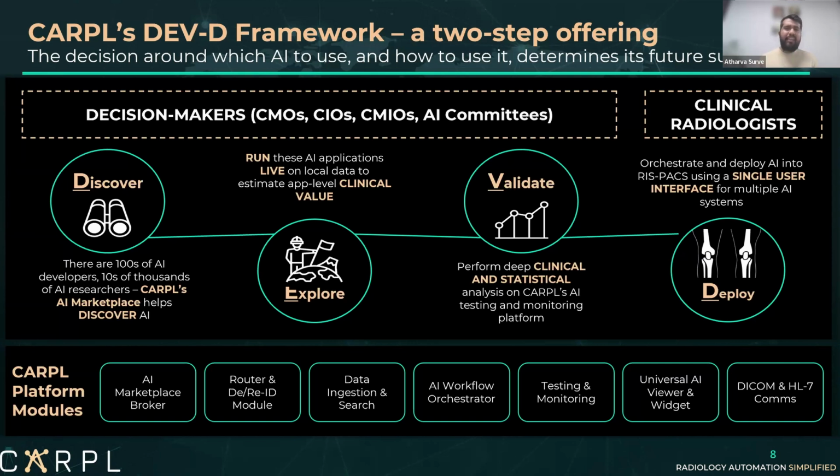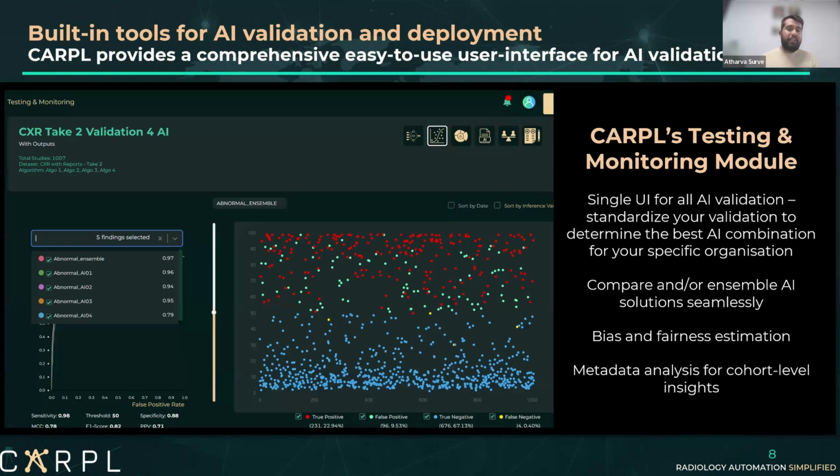I'll jump into that a little while later, but going into validation itself, as Vidur has previously covered, CARPL has a powerful toolkit that actually allows you to statistically validate the performance of the AI application. You can validate all of the various AI applications that we have on our platform using this single toolkit.